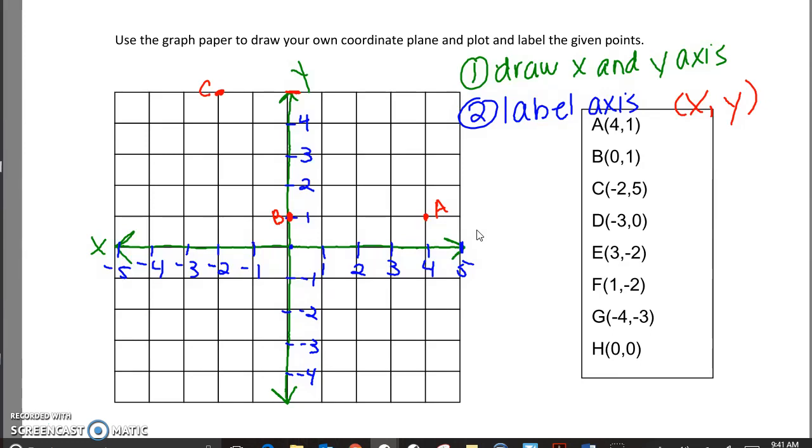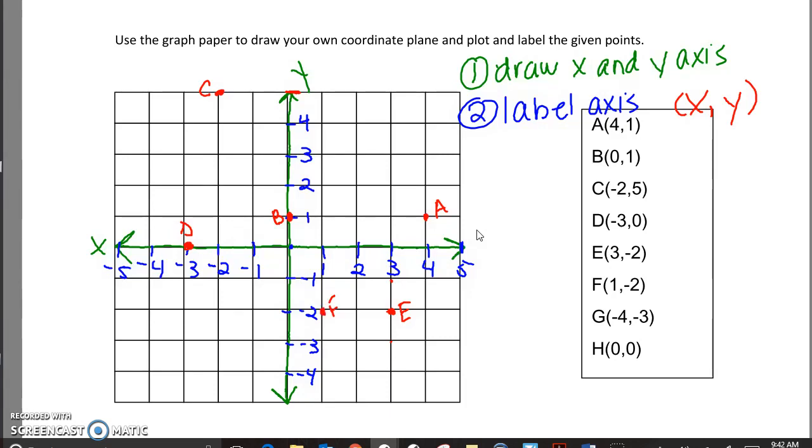And then D is -3, 0, stays on the x-axis. That's point D. E is 3, -2, so +3. And then down 1, 2, down 2, so right here. That is point E. Okay, point F is 1, -2.